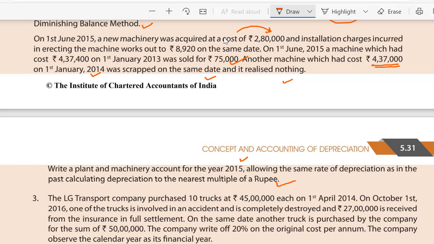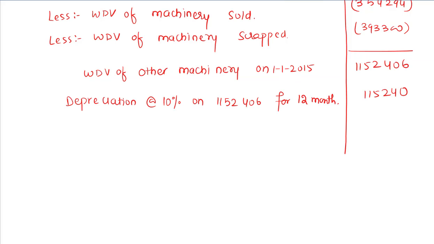On 1st June 2015, a new machinery was acquired at a cost of 2,80,000 and installation charges incurred were 8,920.